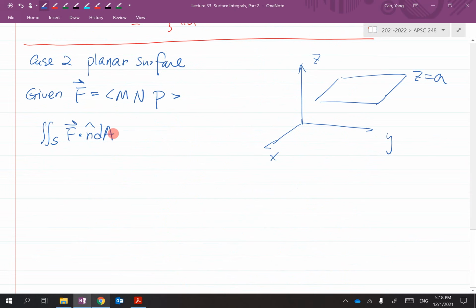Okay. So let's tackle the easy one. N hat represents a unit vector perpendicular to this surface. If this is the surface in the drawing, what do you think n hat should be? Well, k hat, exactly.